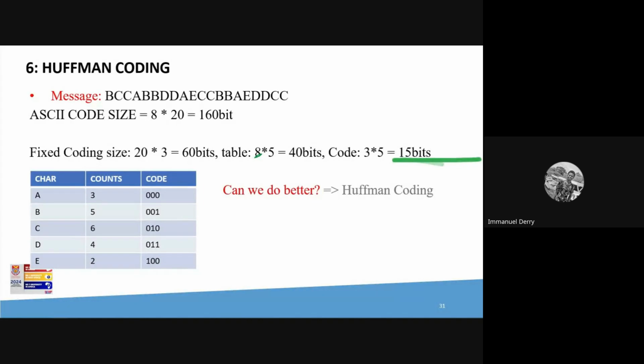When we add this and this, we get 115 as opposed to 160 bits. So with a fixed coding size, the file size reduced from 160 to 115, which means we have saved 45 bits of space in our memory.